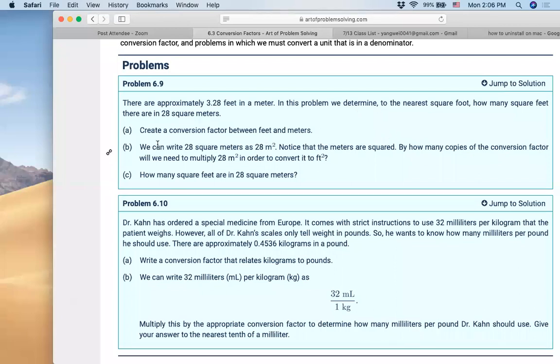First, you need to create a conversion factor between feet and meters.